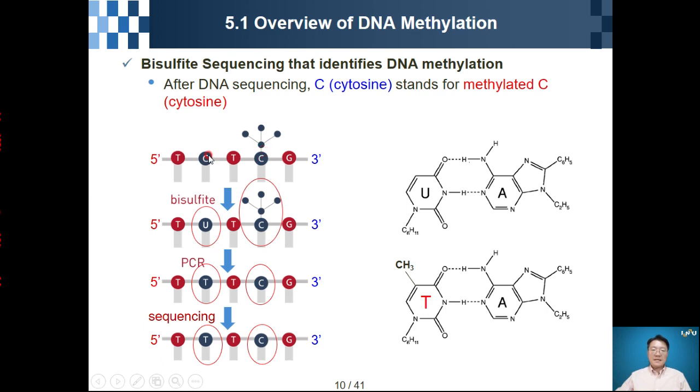Unmethylated cytosine will become thymine, whereas methylated cytosine will still be C, cytosine. So after DNA sequencing, cytosine stands for methylated cytosine.